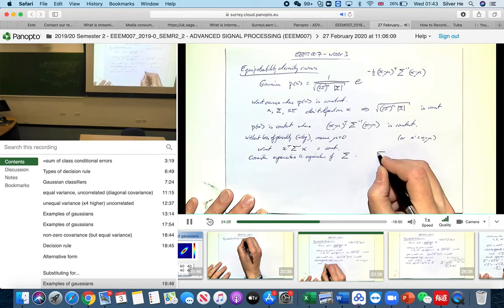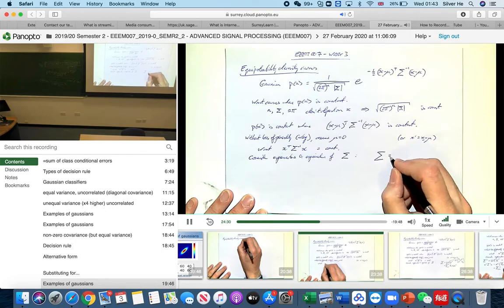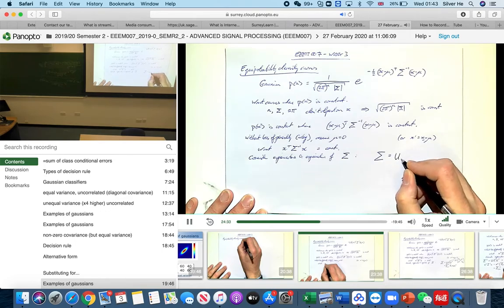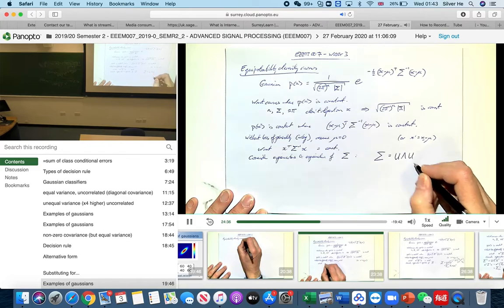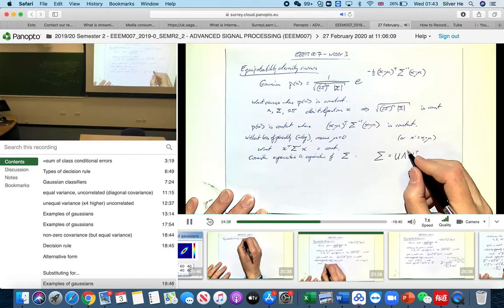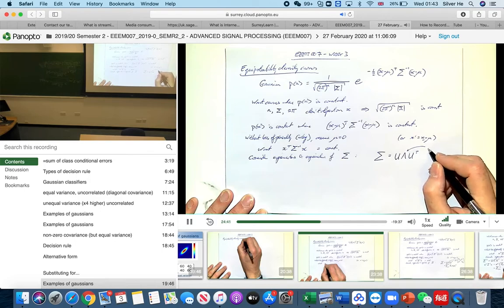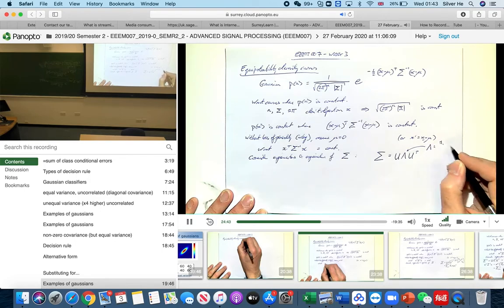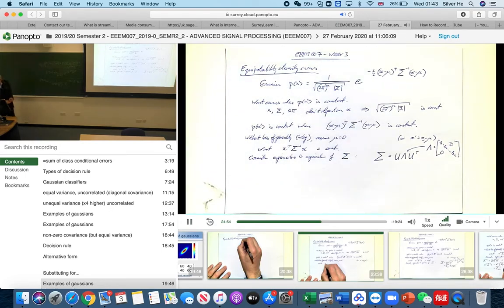So we wrote that as sigma is u lambda u transpose, where our lambda is lambda 1, lambda 2, down to lambda n, and we've got zeros off the diagonal. So that's our diagonal matrix of the eigenvalues. This is lambda rather than lambda to the minus 1. So we're using lambda as a covariance matrix.